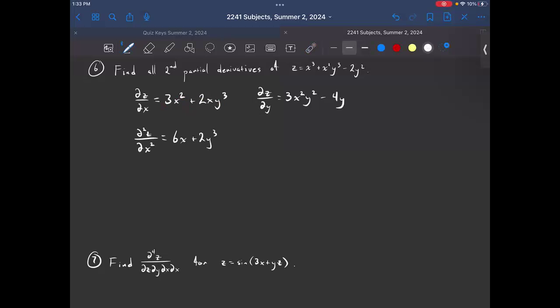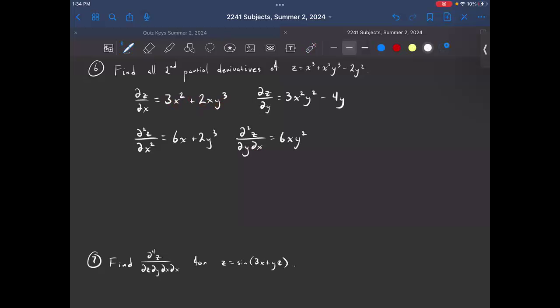But now we've also got d2z dy dx. So this means do a y derivative after doing an x derivative. So I take the y derivative of this function right here. That now gives me 6xy squared.